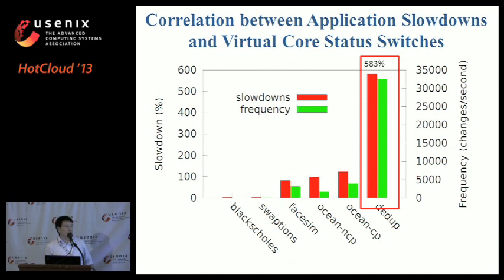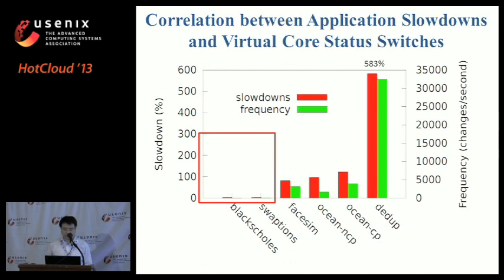At the same time, the virtual cores change their status more frequently than in other benchmarks during its execution. For the benchmarks Black-Scholes and Swaptions, synchronization is infrequent. So their threads are mostly always busy with useful work, so they keep the cores active. So they incur much fewer state transitions of the virtual cores and only trivial performance slowdown.